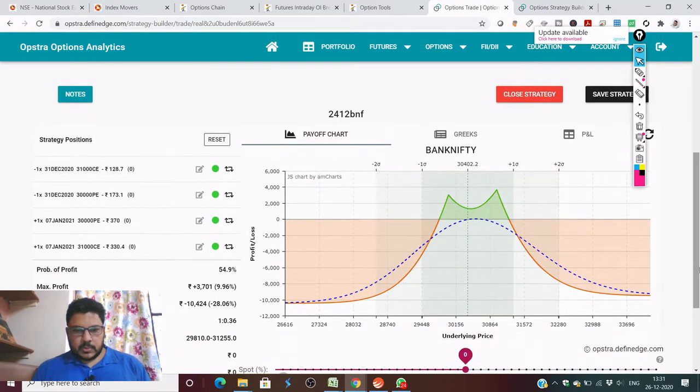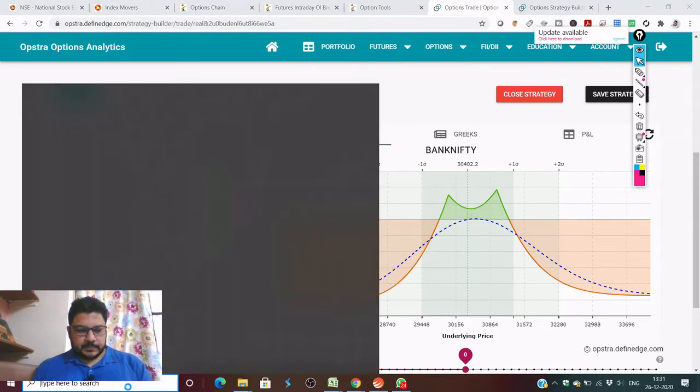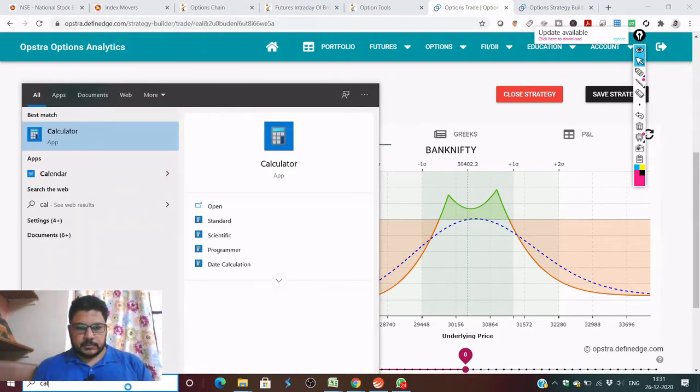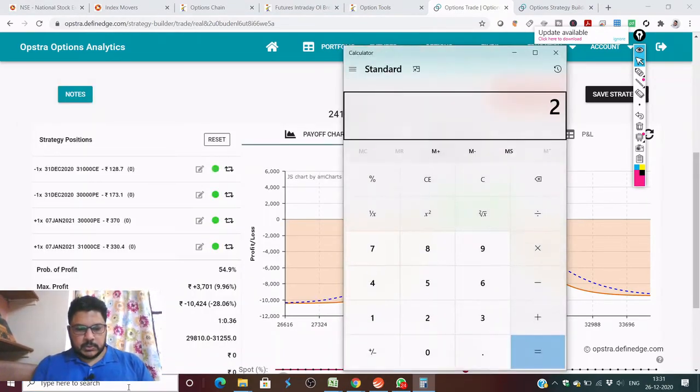Okay, so now look at the position. The maximum loss is defined now. It is 10,424. Maximum profit is about 3,700. And what is the range we are having? 29810 minus 31255. So we have a range of about 1445 points.